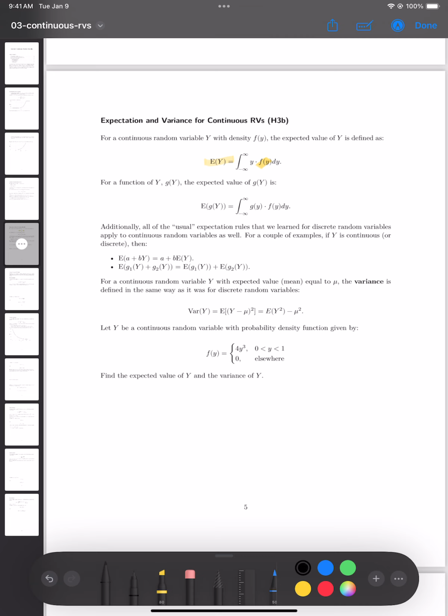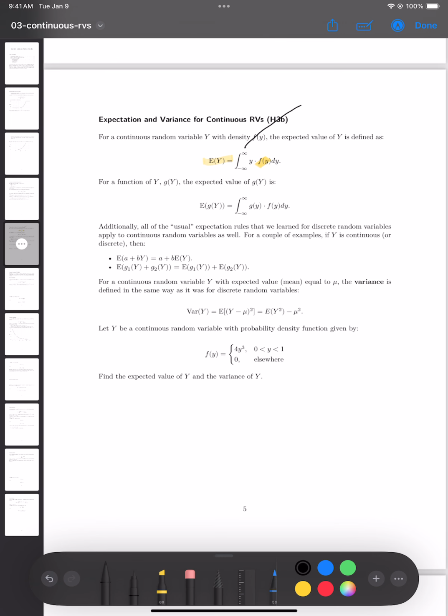The formula says that we'll just integrate this function from negative infinity to infinity. I'll make a quick note here that we will usually simplify this. Depending on how the density function is defined, we won't actually be integrating from negative infinity all the way up to infinity. There's usually a simplification, as we will see below.